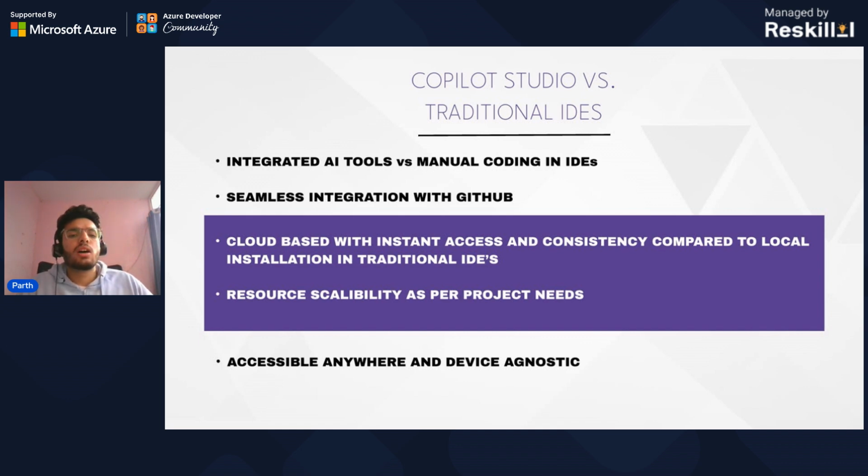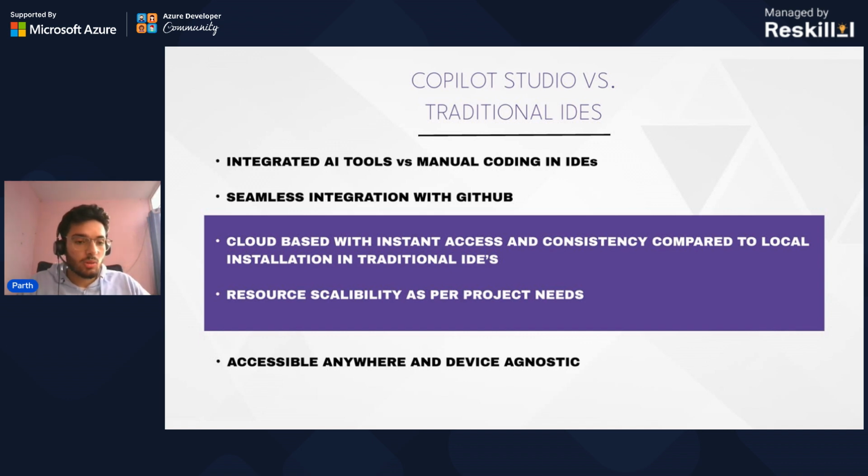Apart from that, we have cloud-based with instant access and consistency compared to the local installation in traditional IDEs. So basically, Copilot Studio, as we talked about, is a cloud-based platform. So you are not actually using your resources, but you are using Copilot Studio's resources. It does not matter on which system you are, or what configuration you have.